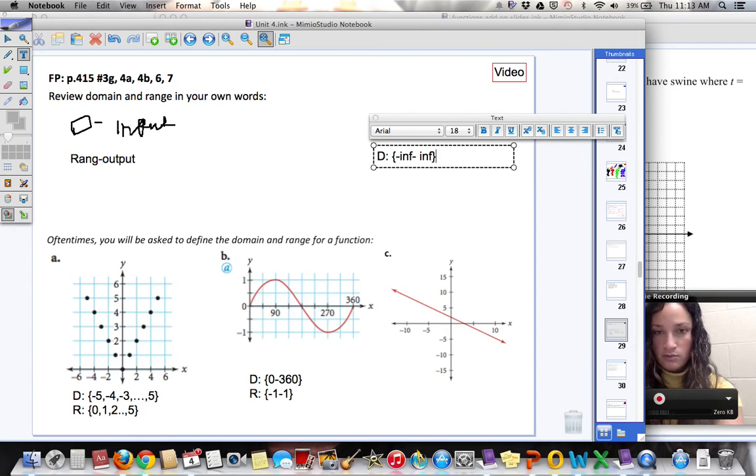Same thing with my range. If I keep this going forever and ever, it's going to keep going up and down. So my range, my y directions, is also -infinity all the way to infinity.